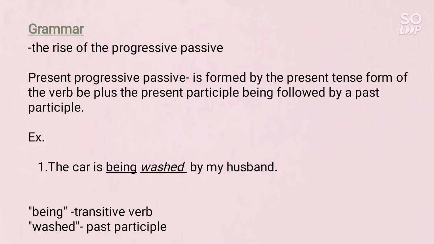The car is being washed by my husband. When we say present progressive passive, like in this sentence, the transitive verb in the present participle is the word being, and it is followed by a past participle, washed. Thus, this became a rule in grammar up until today.